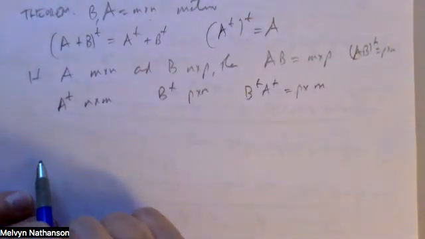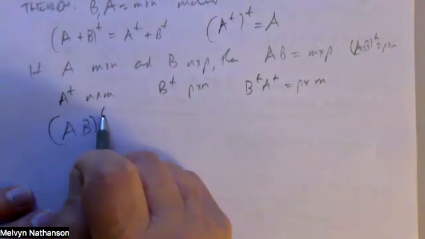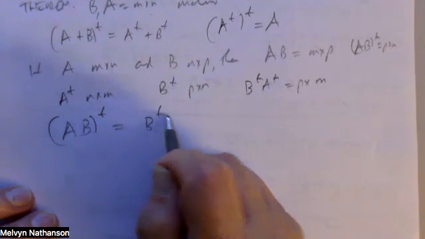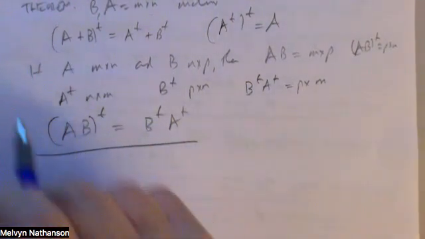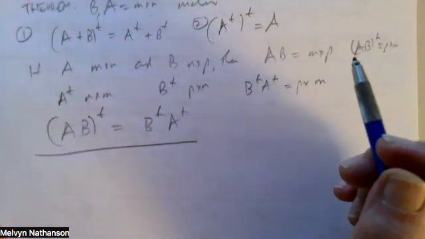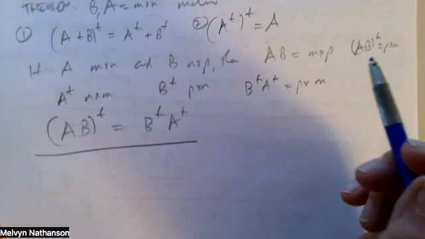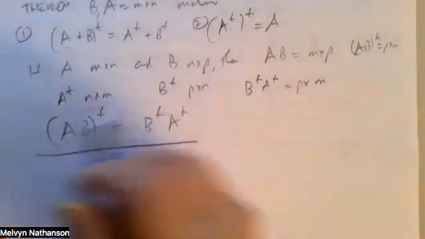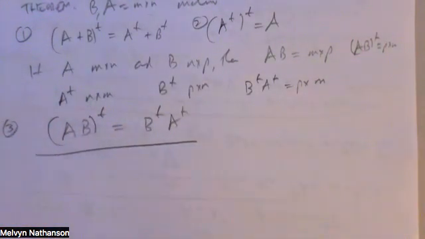And transpose is sort of anti-commutative. If I take AB and transpose it, that's B transpose times A transpose. So 1, 2, 3 are basic properties of the transpose of a matrix.